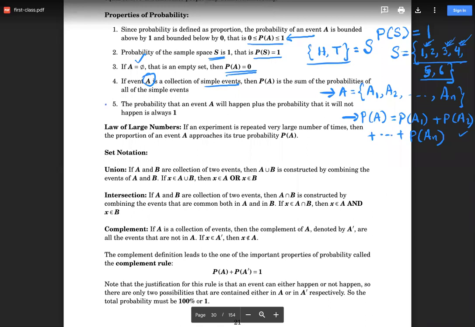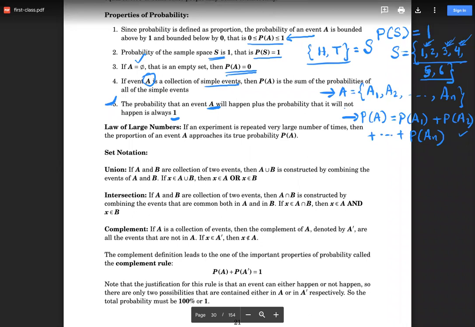And the last characteristic: the probability that an event will happen plus the probability that it will not happen is always 1. An event can happen or it cannot happen because things are binary, meaning one or the other. You can either jump and touch the rim of a basketball hoop, or you can't. You either graduate from college or you don't.